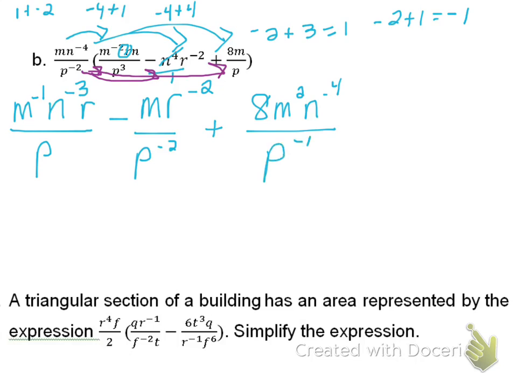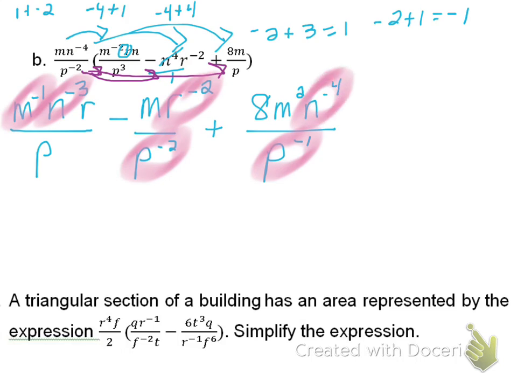Okay, so our next step is to get rid of those negative exponents. So we can circle all the negatives that need to be flipped. There's quite a few here. So I'm going to write this underneath this time. So left on the top of my first term is just going to be r. And left on the bottom will be p. And then I'm moving the m to the first power to the bottom and n to the third power to the bottom.